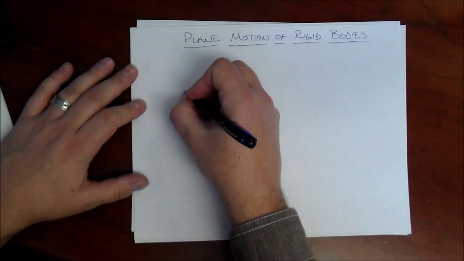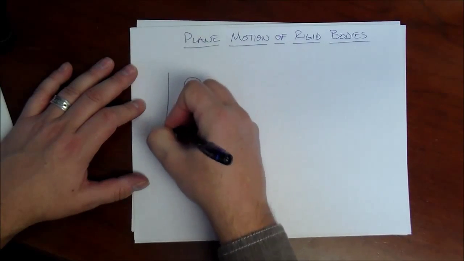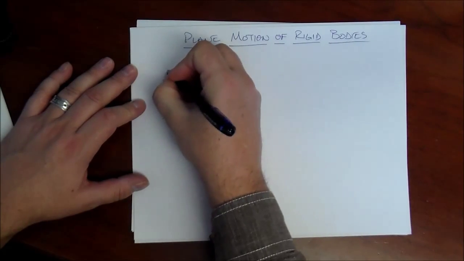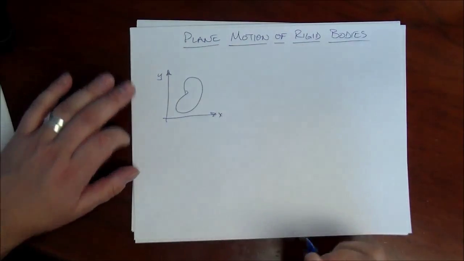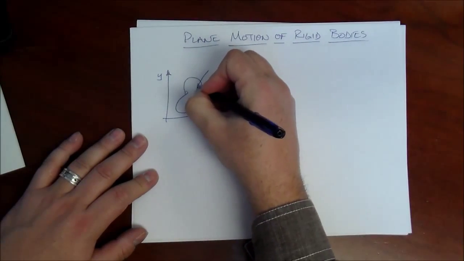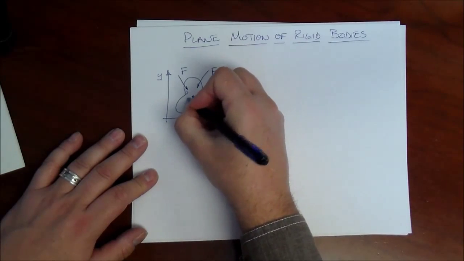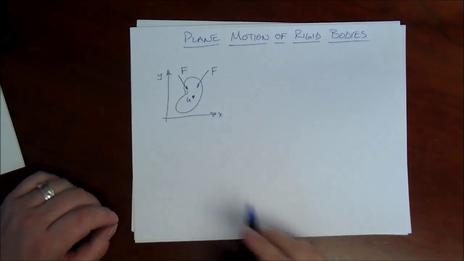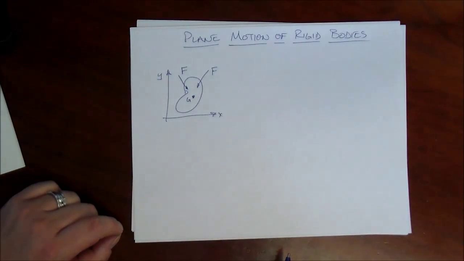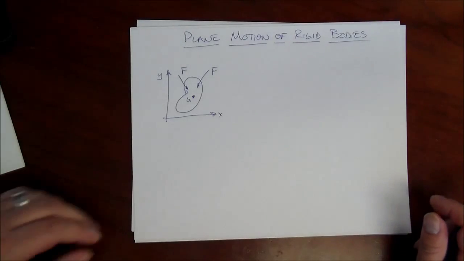So, the fundamental equations for plane motion of our rigid body, we have a bunch of forces acting on it. Here's the mass center G. And since we're in a plane, we have three scalar equations of motion that apply.